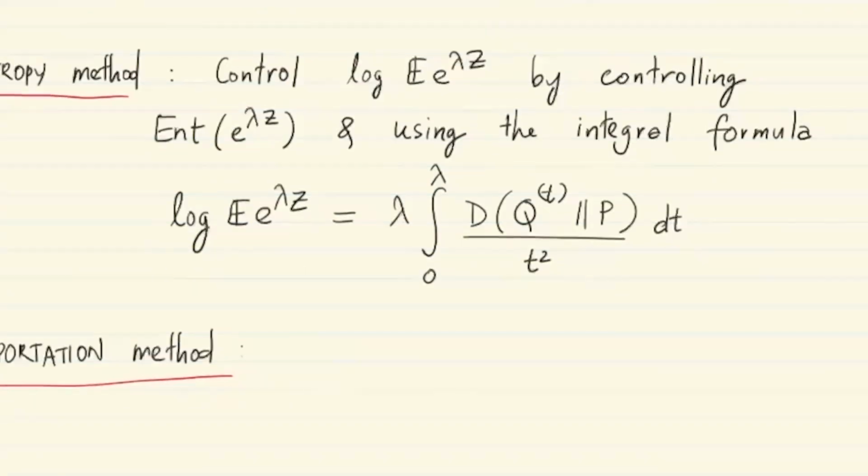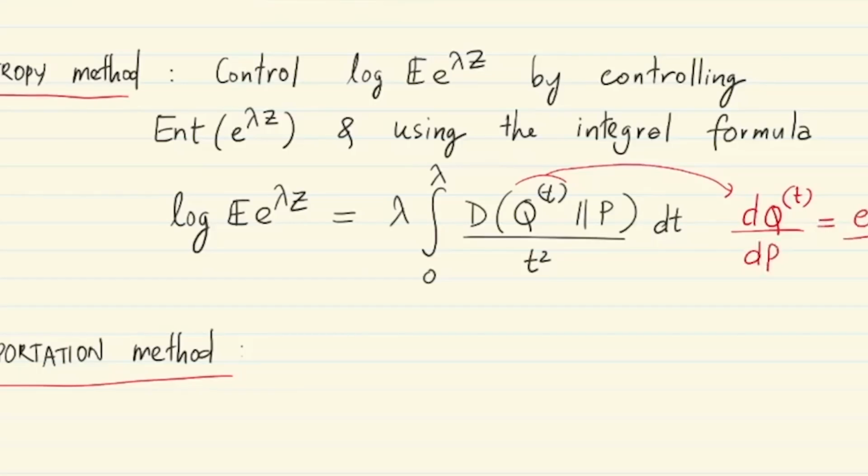If you recall, q of t was defined using the Radon-Nikodym derivative dqt by dp being e raised to tz divided by the expected value under p of e raised to tz.